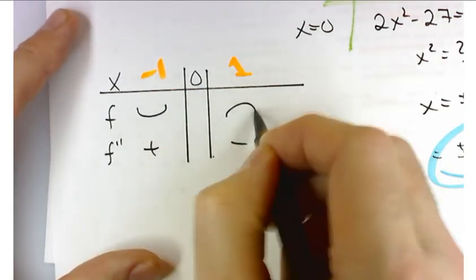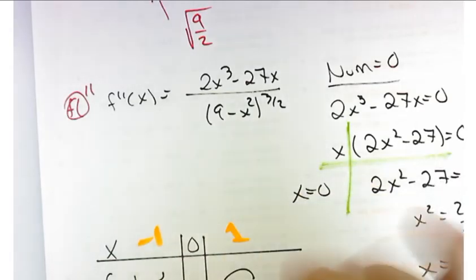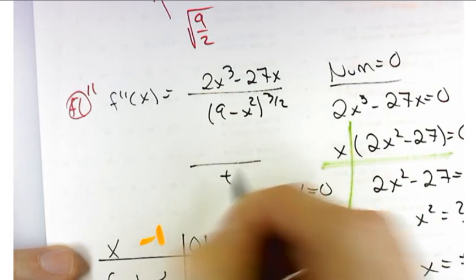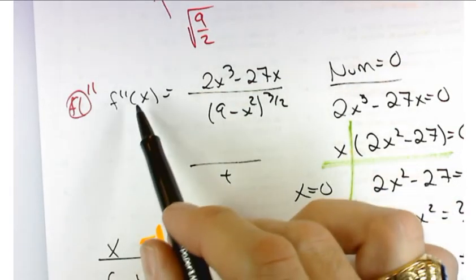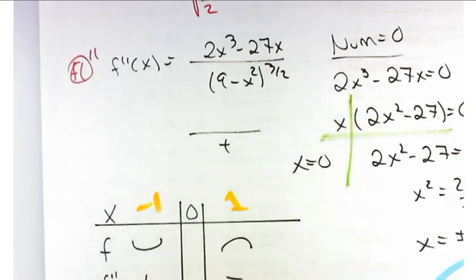Concave up and concave down. Whew. All right. Yeah, I kind of cheated. I knew the denominator was going to be positive, so that ultimately the sign of the second derivative is going to be determined by whether or not the numerator is positive or negative. Okay. So, yeah, I cheated a little bit. Sorry. I won't do it again.